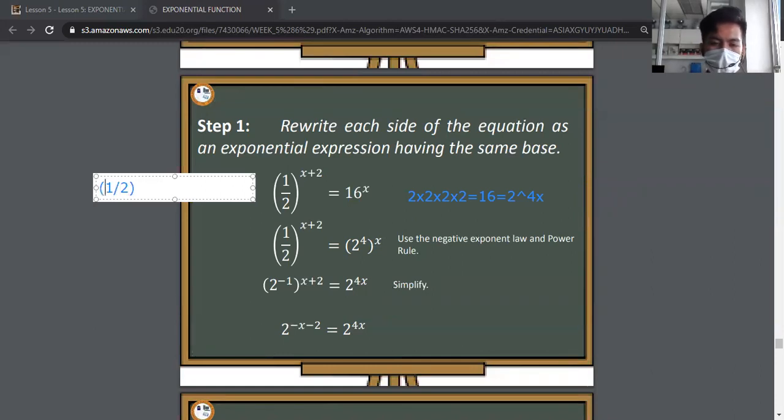Ibig sabihin, pag sinabi po natin reciprocal, babaliktarin lang po natin. Pag binaliktarin po natin tong 1/2 po natin, automatic may exponent na 1. Pag binaliktad po natin siya, magiging negative yung exponent na 1 po natin. So, magiging 2 raised to negative 1.